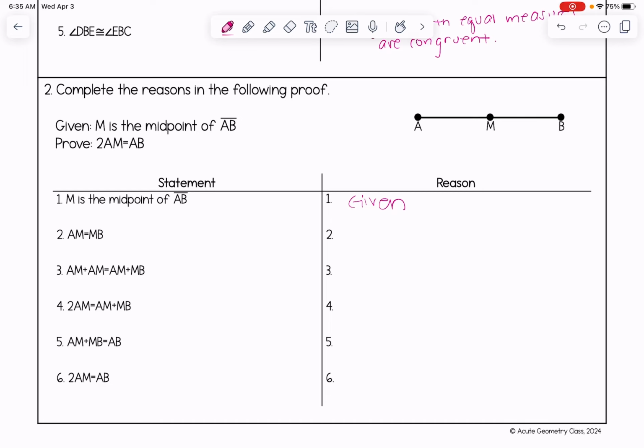Well, think about how this expands upon what we know in statement 1 in the givens. If M is the midpoint, we know a midpoint splits a line segment into 2 equal parts. So I'm going to write that as my reason 2, that a midpoint, our definition of a midpoint, splits a segment into 2 equal parts.